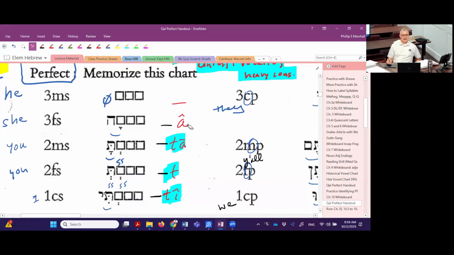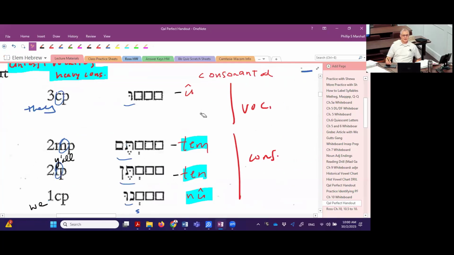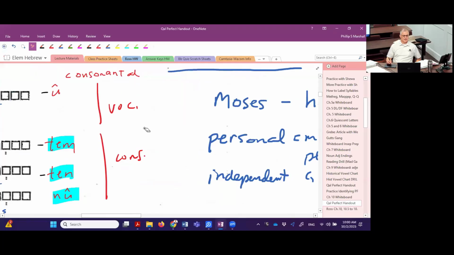But the important thing is that I'm adding a vowel to root 3. That's a vocalic ending. Ta, ta, and ti all begin with the consonant T, so those are consonantal endings. Over here, oo for third common plural is a vowel, so that's a vocalic ending. And then tem, ten, and nu start with the consonants T or N. Those are consonantal endings, right? So what did we learn about root 3's scandalous behavior?